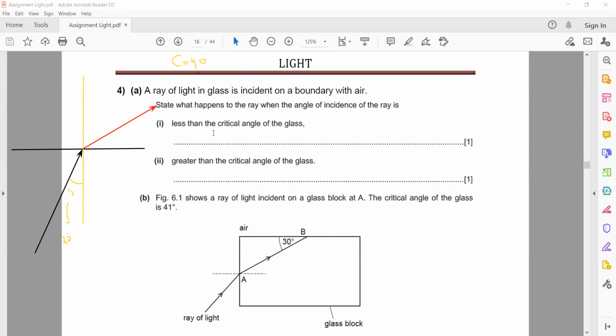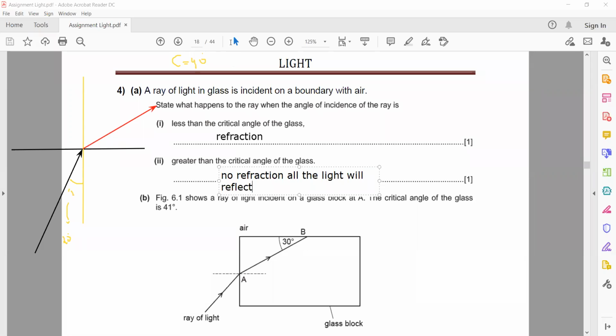So if less than the critical angle, then refraction will occur. If it is greater than the critical angle, then no refraction, all the light will reflect.